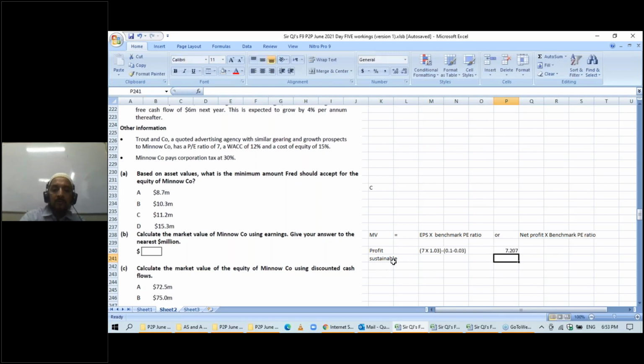And now calculating the market value. So multiply 7.14 by the benchmark price earning ratio.